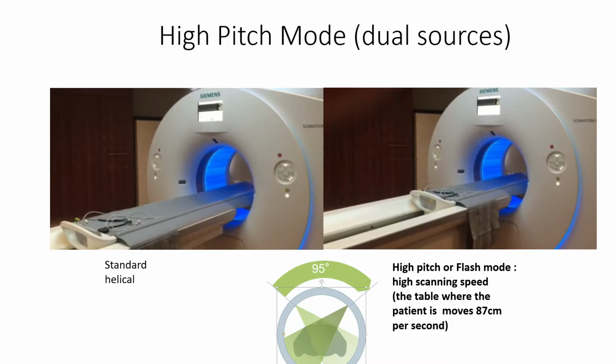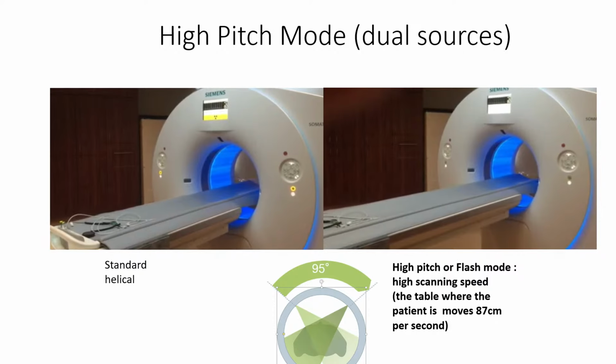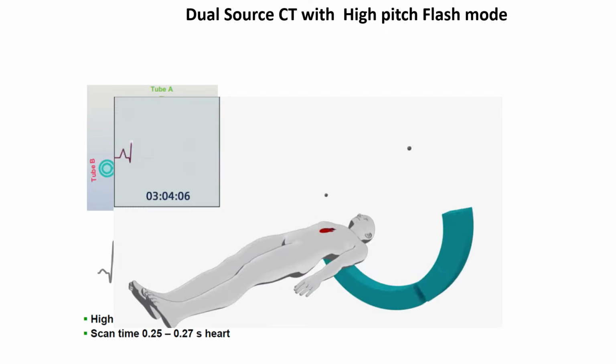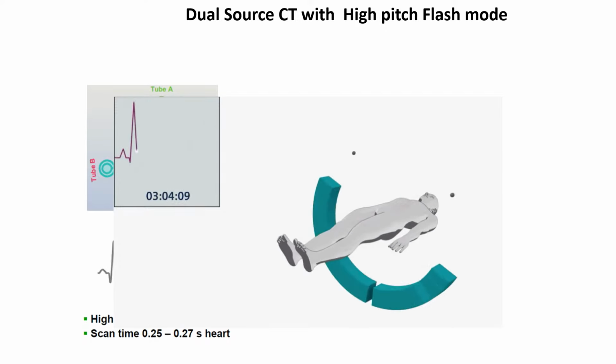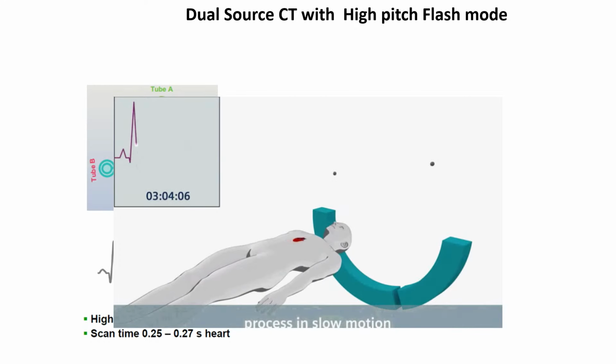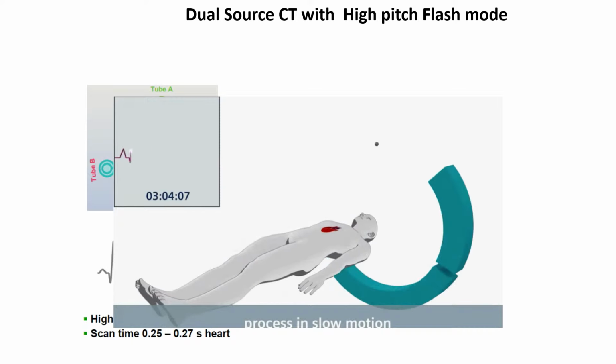Okay? So if it moves by, how does that 250 millisecond come from? Because if the scanner can move 87 centimeter per second, and the heart is usually 16, right? That's about 1/4.